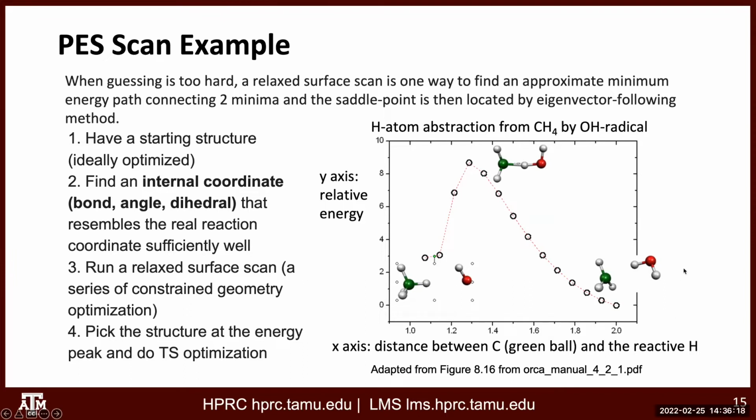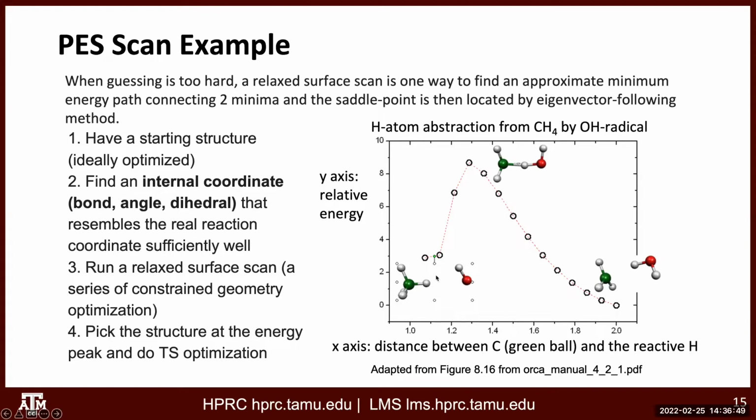It starts from a CH3 and a water molecule, and then it scans the distance between the carbon and this hydrogen from 2.0 angstroms and shrinks this distance until the carbon hydrogen distance becomes very small.